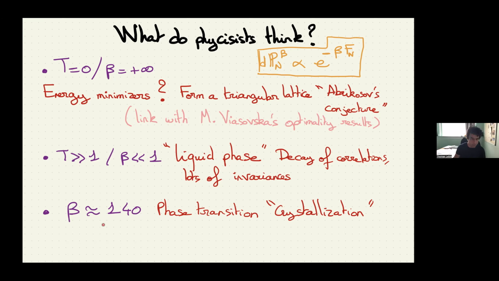And then somewhere in between, and numerically in the 80s, there was a series of papers pinpointing that the value should be around 140. There is expected to be a phase transition, which they call crystallization, the nature of which is a bit unclear, but basically you would go between a liquid phase and something that is closer to a lattice.